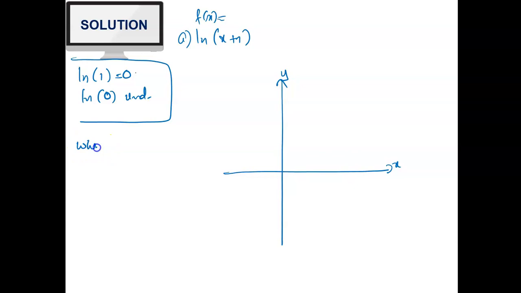So when x equal to 0, f(x) equal to natural log of 0 plus 1, equal to natural log of 1, and natural log of 1 equal to 0. So when x equal to 0, f(x) or y equal to 0, it intersects at the origin point here.